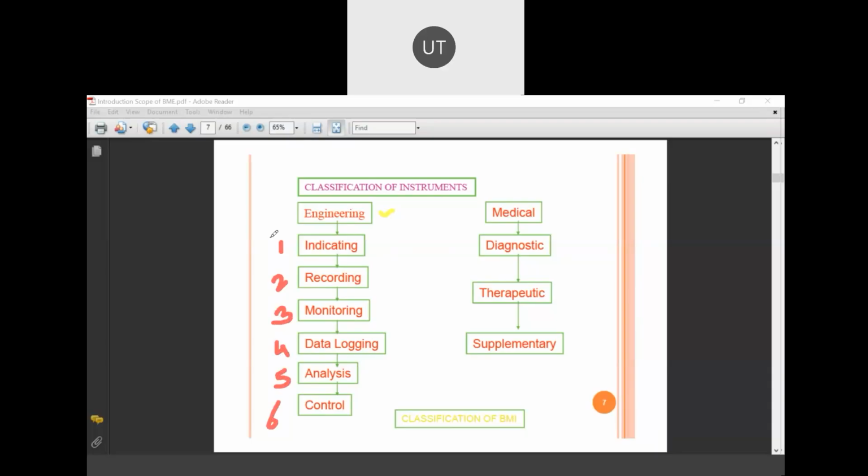We can call them design criteria 1, 2, 3, 4 and 5. Similarly, medical classification is based upon sub-criteria: diagnostic instruments which can diagnose and give suggestions, therapeutic instruments, and supplementary instruments. We will see one by one what comes in the engineering classification.